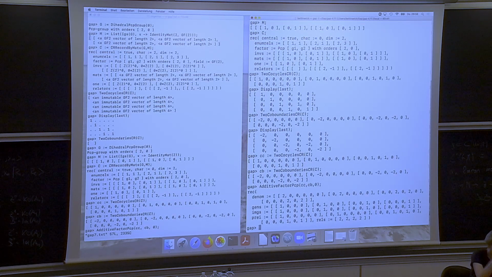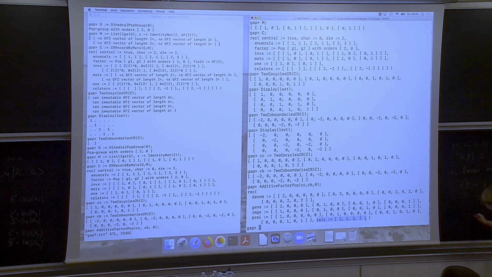This is an additive group now, and the relations in a polycyclic presentation that describes it are 2, 2, 2, 2. So it's a group of order 16 in this case.